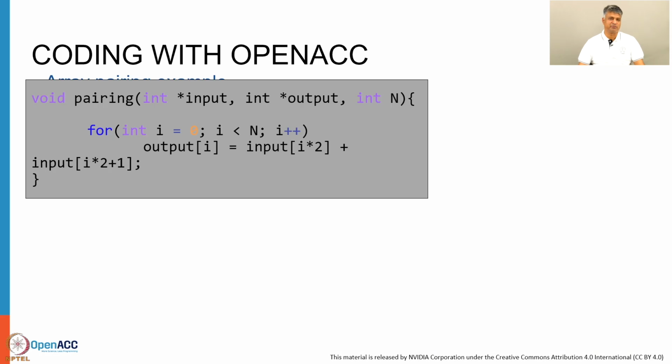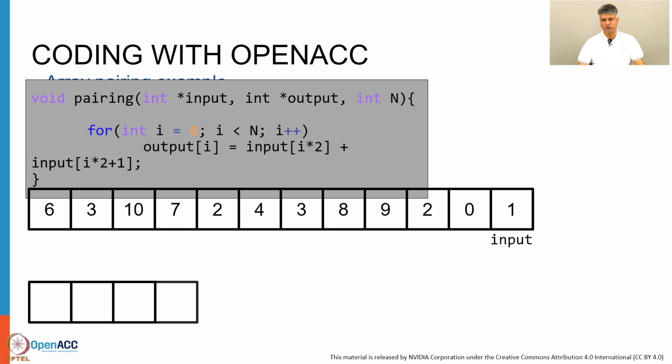Let's look at this simple example of pairing, where I loop through an array which is n long, and I say output[i] is equal to input[i*2] plus input[i*2+1]. So essentially, assuming that this is the input array, which is 12 elements long, you compute the output array by taking the sum of every 2 elements.